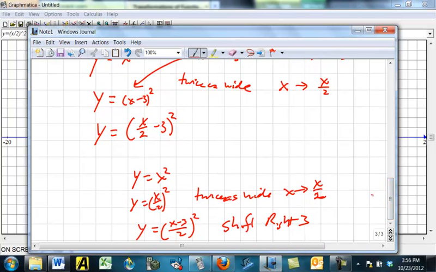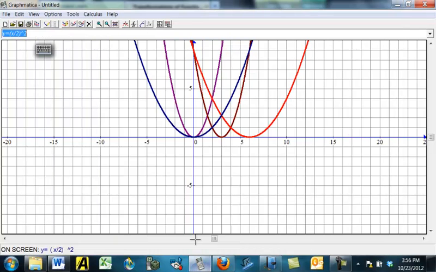Okay, so let's try that and see if that turns out to be the same or not. So take that one and replace x by x minus 3. And sure enough, it is not the same as the red one.